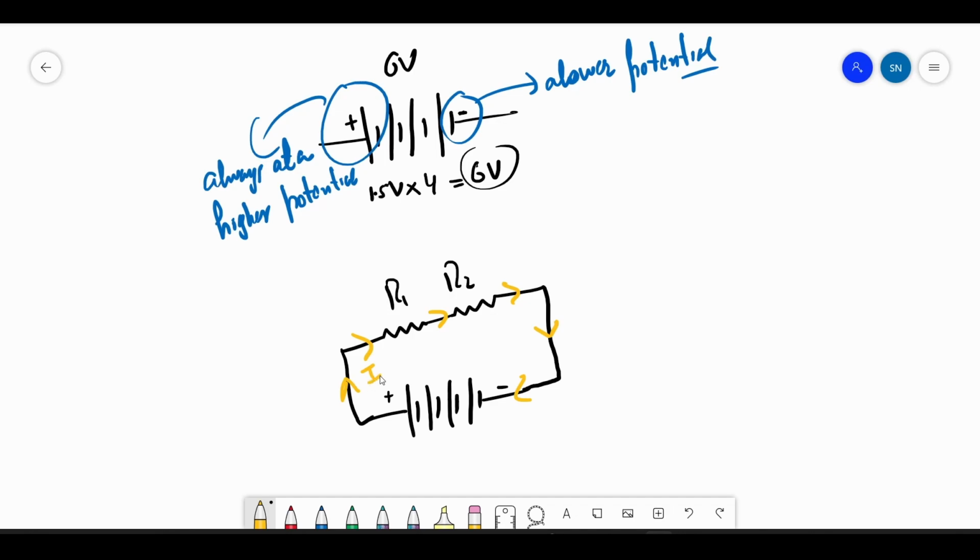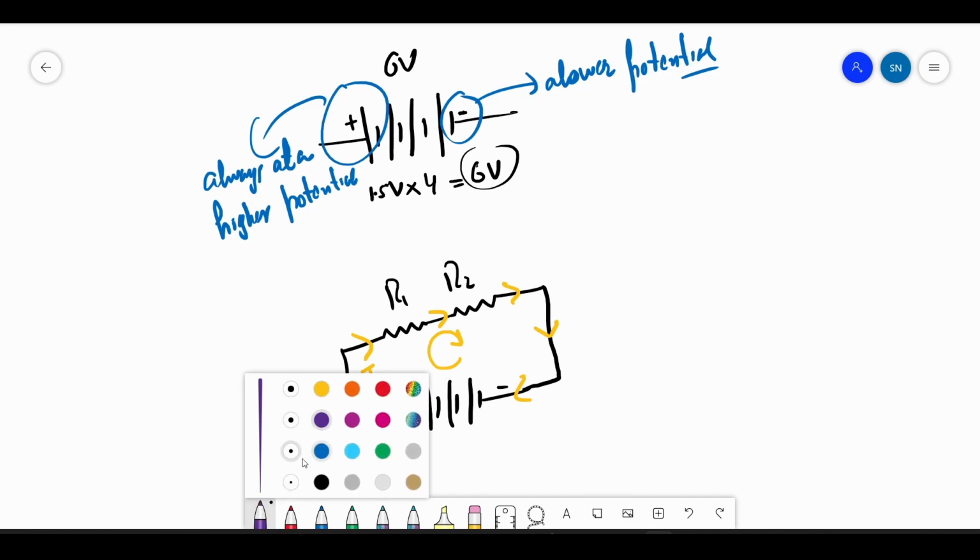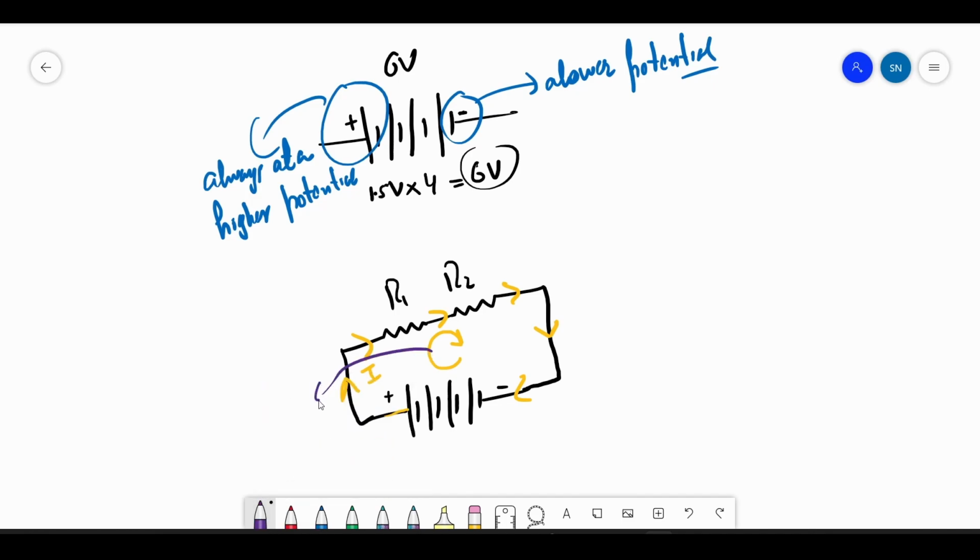So if current I is flowing in the circuit, this would be the direction of current. Am I not right? Yes, sir. This is the direction of current.